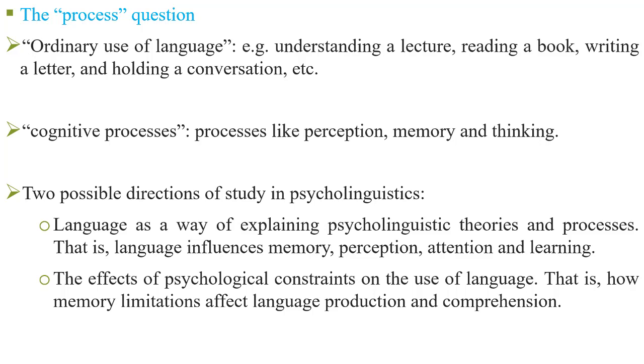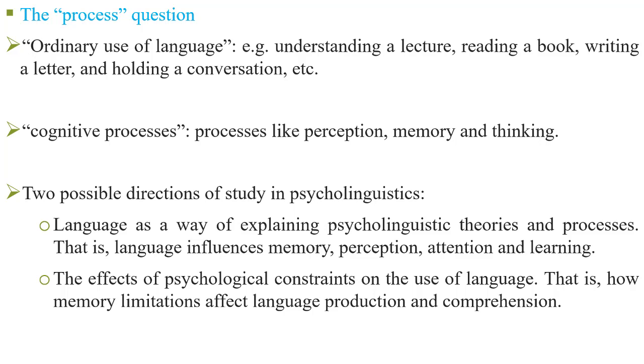Also memory, when you store the information that you take from a lecture, from reading a book, or from conversation. Some information is always stored in your mind, so that you remember it. And we have thinking. When you think, there is also a process at play in such situations.